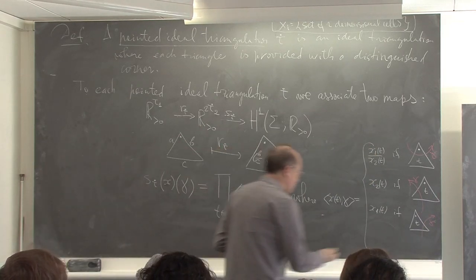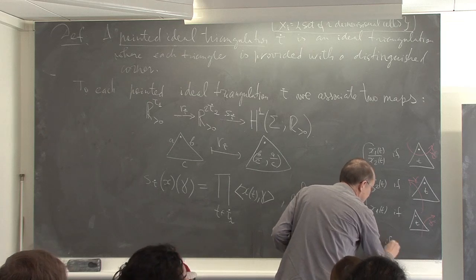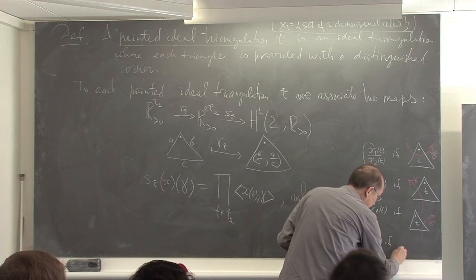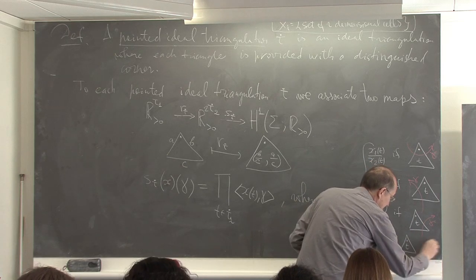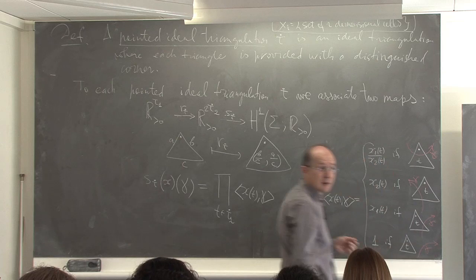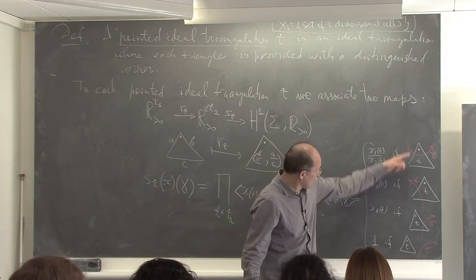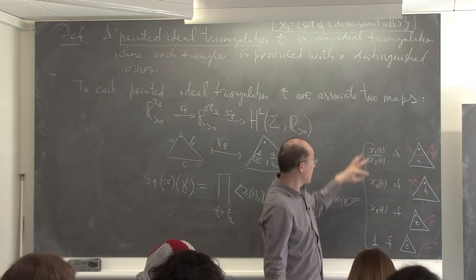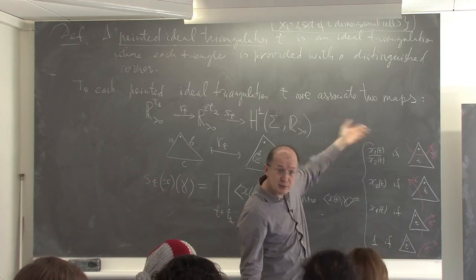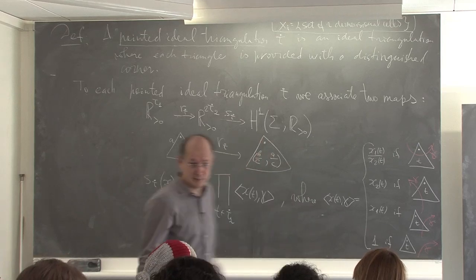And the contribution is 1 if the contour does not intersect our triangle. And of course, there are three more cases if you switch the orientation. Then, of course, you switch the number to its inverse.